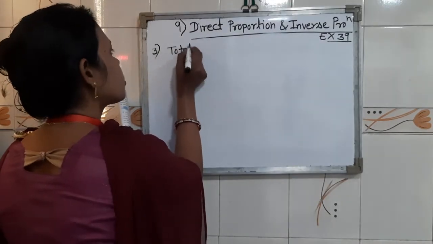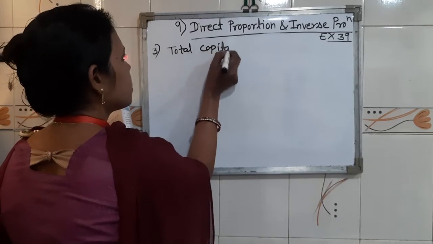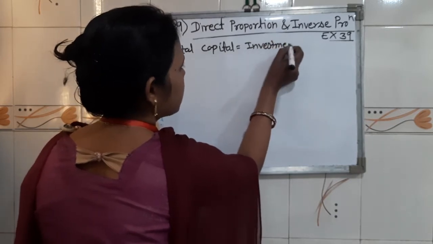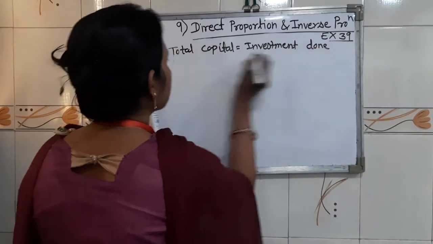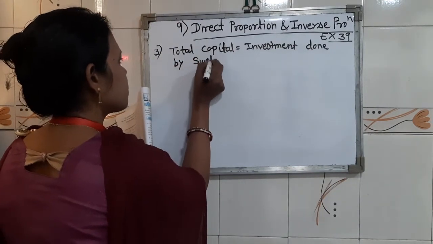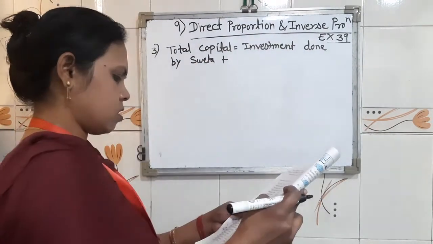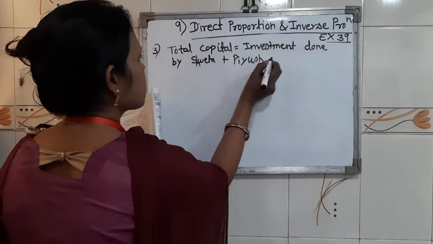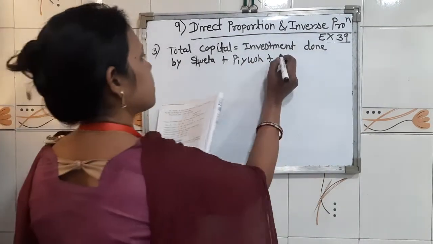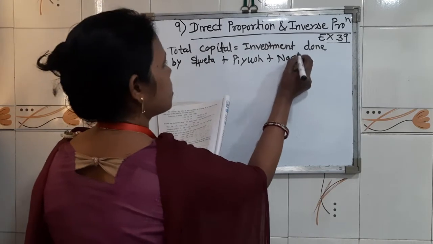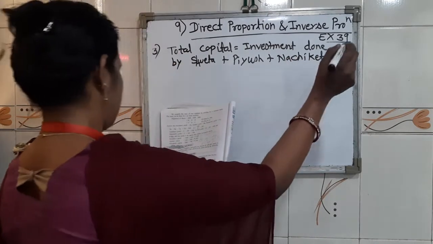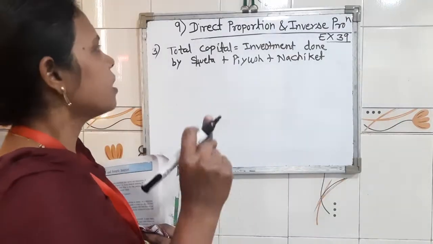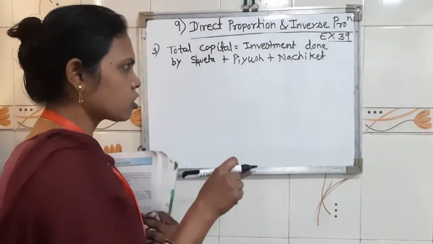Total capital equal to investment done by Sweta plus Piyush plus Nachiket. So children, total capital equal to investment done by Sweta plus Piyush plus Nachiket.